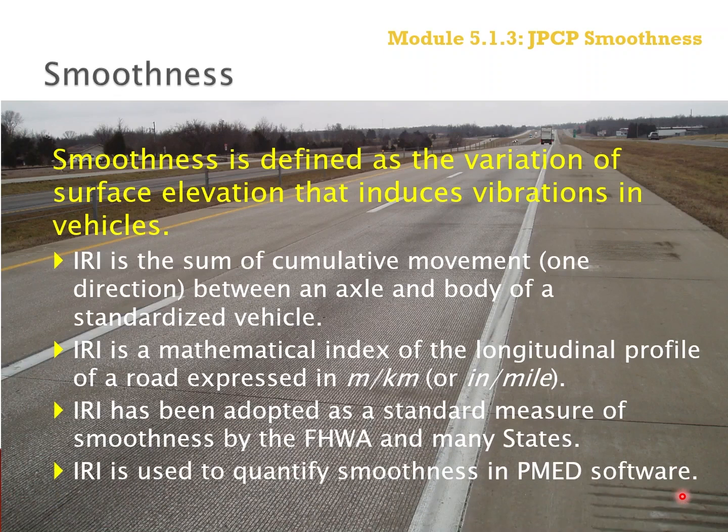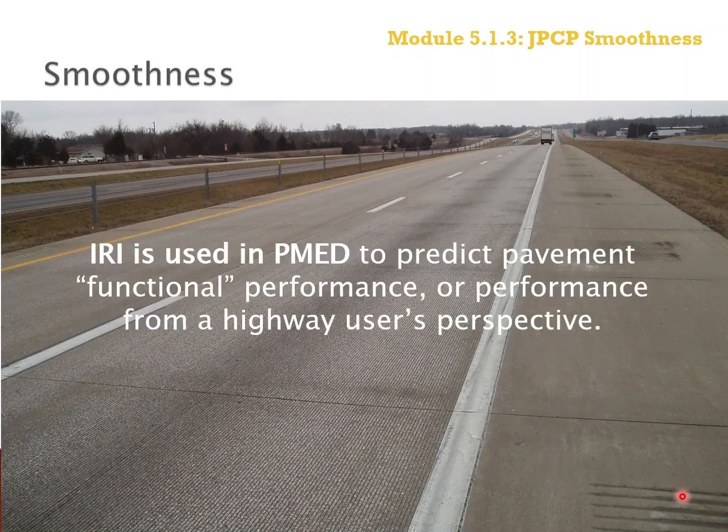IRI is used to quantify smoothness in the PMED design software for jointed plain concrete pavements. Smoothness in the PMED design software is used to predict pavement functional performance of a jointed plain concrete pavement from a highway user's perspective.